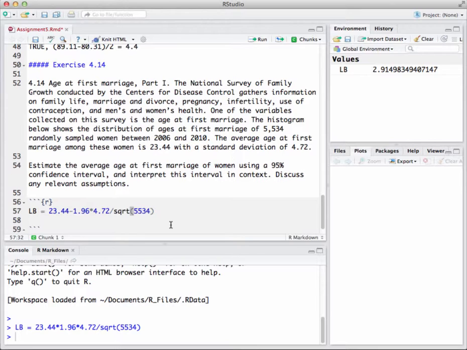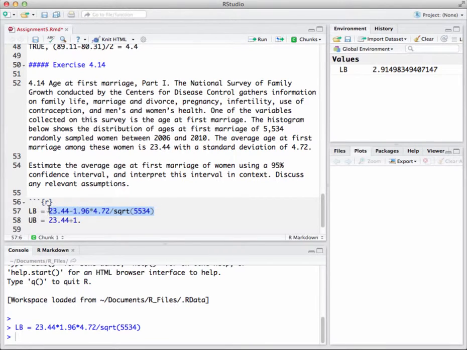Okay, so take X bar minus the margin of error. Okay, so that we'll do UB for upper bound, and that's going to be equal to 23.44 plus 1.96 here. I'm going to cheat a little bit. We can make our life a little bit easier here.